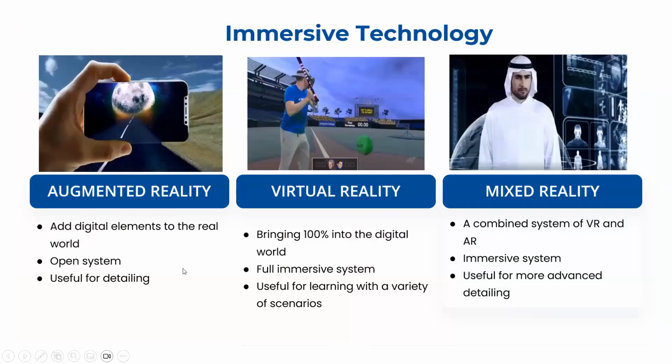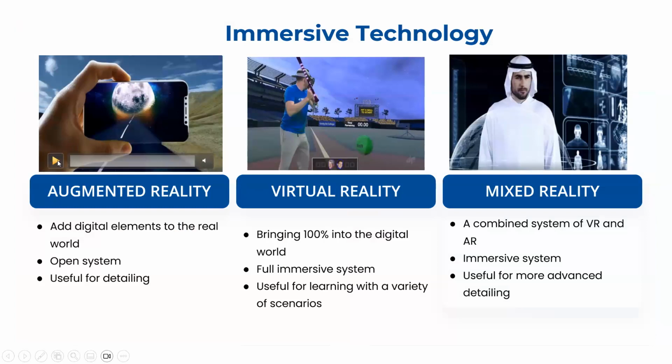Virtual reality is a part of immersive technology. Immersive technology consists of augmented reality, virtual reality, and mixed reality. Augmented reality allows us to bring digital elements into the real world. This technology doesn't require specific devices because it only needs a smartphone.